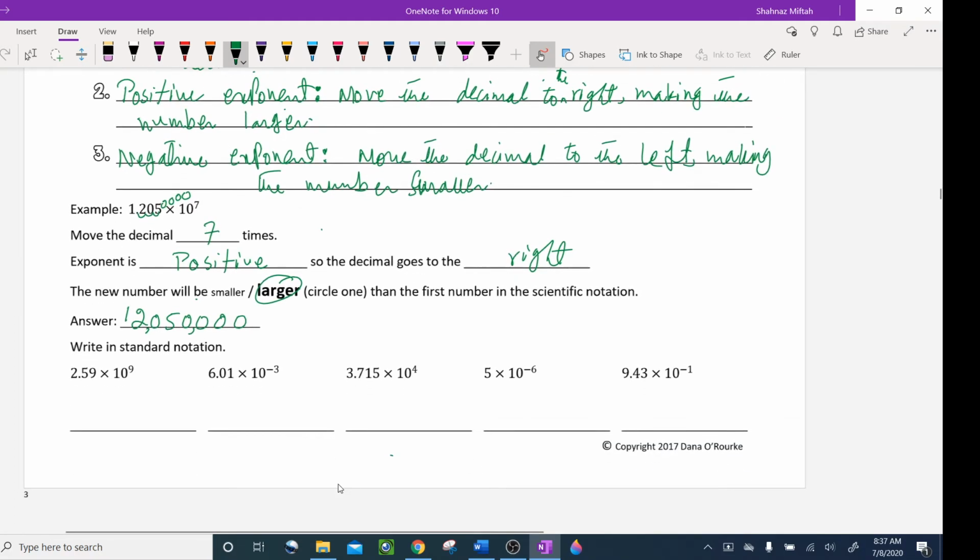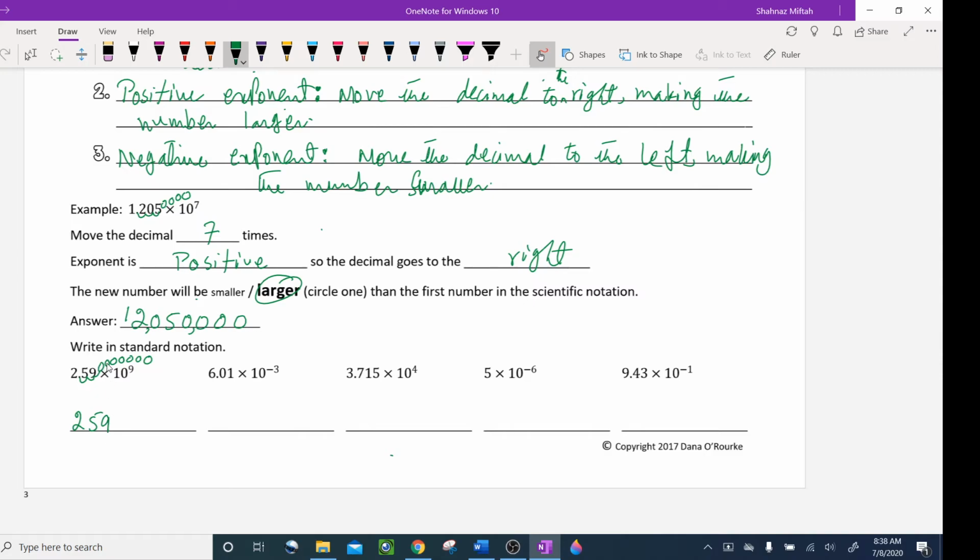So let's start. Here we go. I can see I'm moving the decimal to the right 9 times, right? 1, 2, 3, 4, 5, 6, 7, 8, 9. So I'm going to write 2, 5, 9.